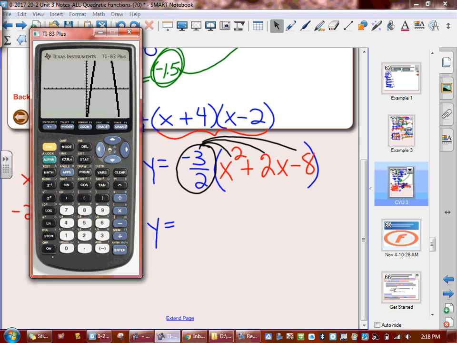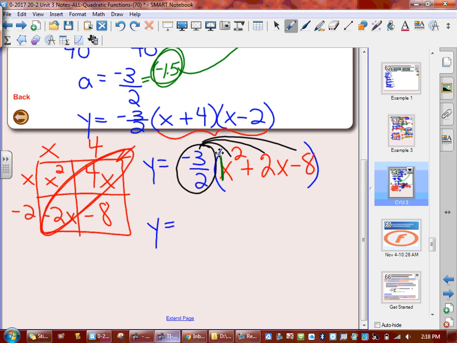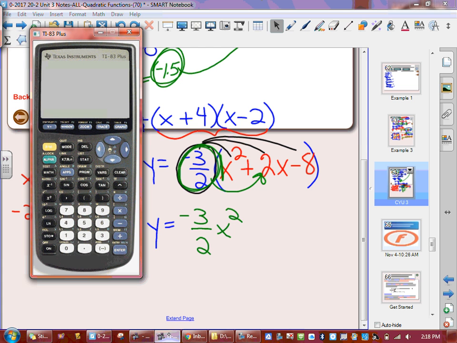But now my negative 3 over 2 is multiplying by a positive 2. So in your calculator, you're going to put negative 3 over 2. You can put it as negative 1.5, and you're just going to times it by 2. Now you could also use your brackets, negative 3 divided by 2, and then times by 2. That also works. You'll get the same answer.